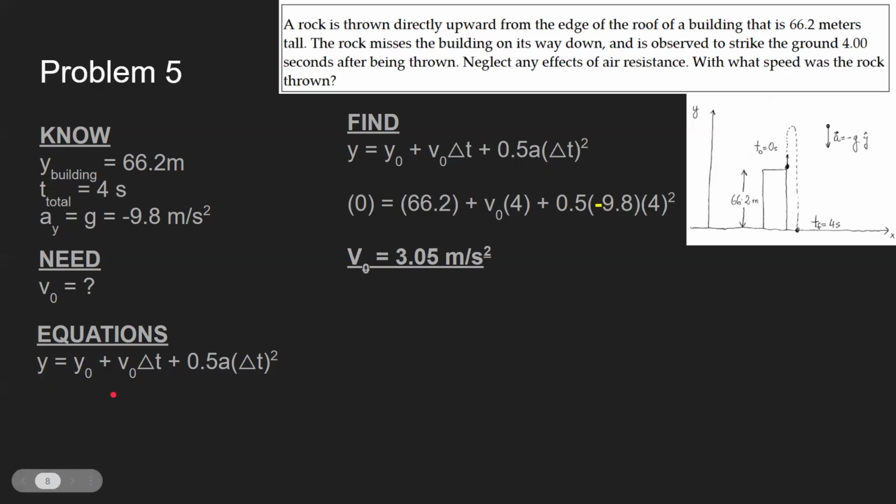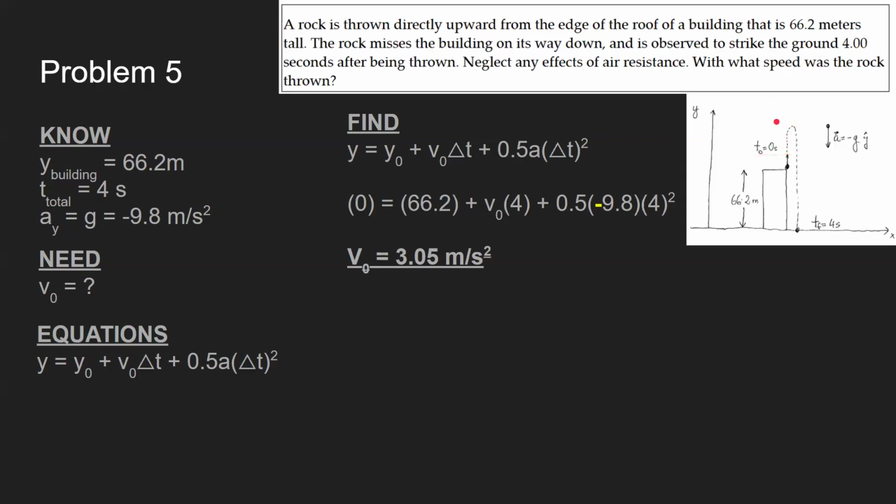Despite the fact that it goes higher than 66.2 and then goes down, think about it: you go up, but then you just subtract by it again. So the overall change in distance does not actually matter for that part where it's up.